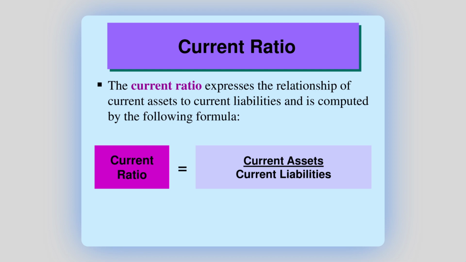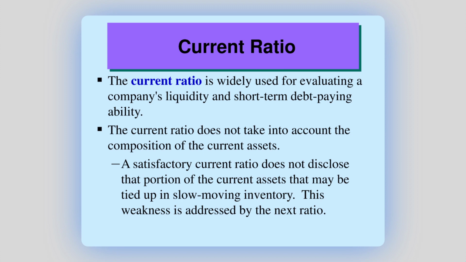So that's basically your current ratio. However, the current ratio is widely used now for evaluating the company's liquidity and short-term debt paying ability. And the current ratio does not take into account the composition of your current assets.